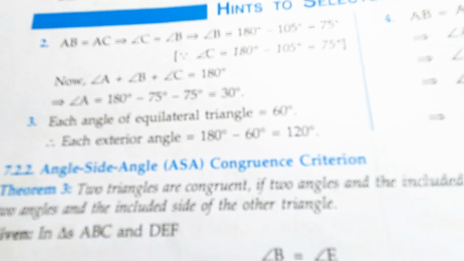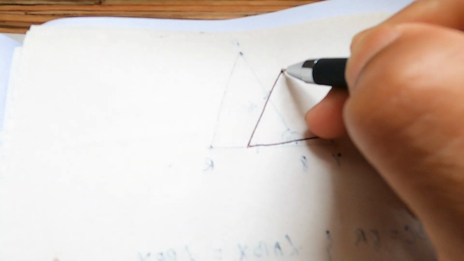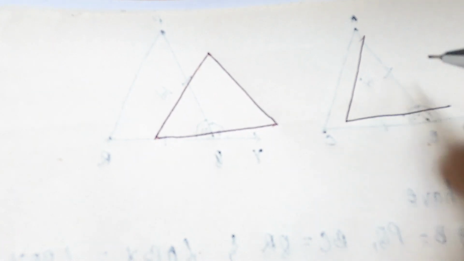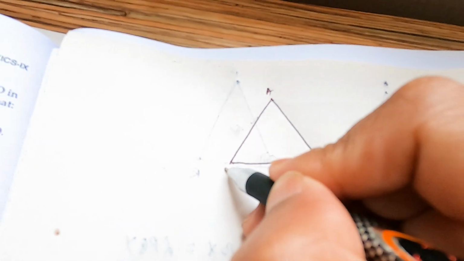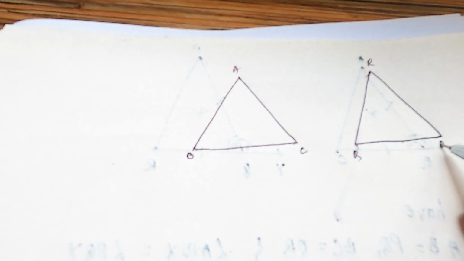All right, angle side angle simply means that if we have two triangles, this is triangle ABC, this is triangle PQR.